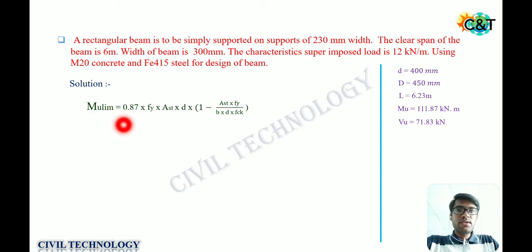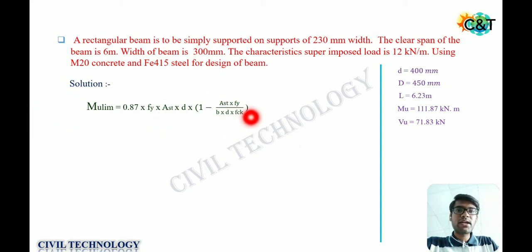So MU equals 0.87 into Fy into AST, where AST is our area of reinforcement on the tension side, multiplied by D, the effective depth, multiplied by 1 minus AST into Fy upon BD FCK. So this is the formula, based upon which we can calculate the AST value.